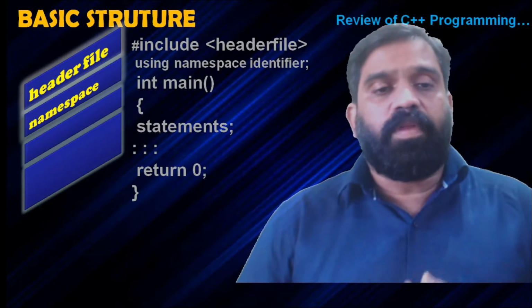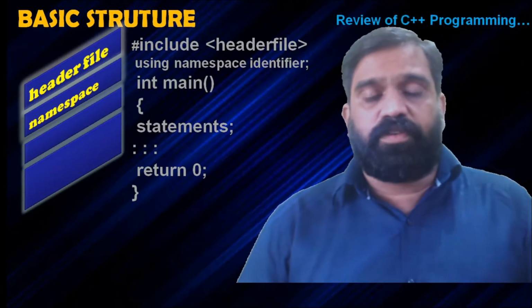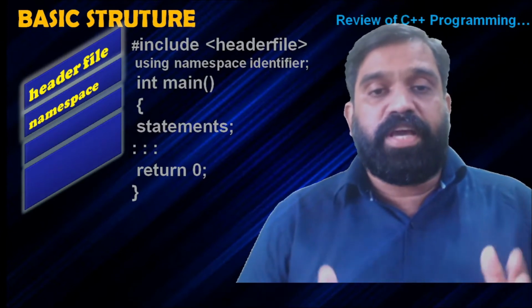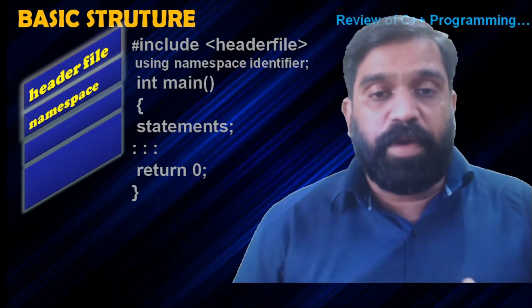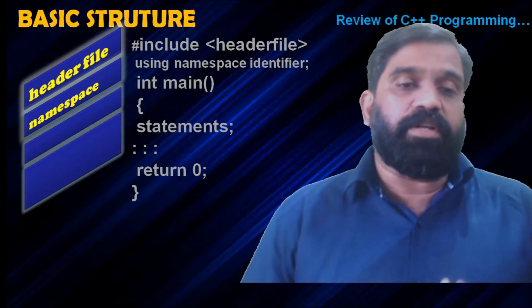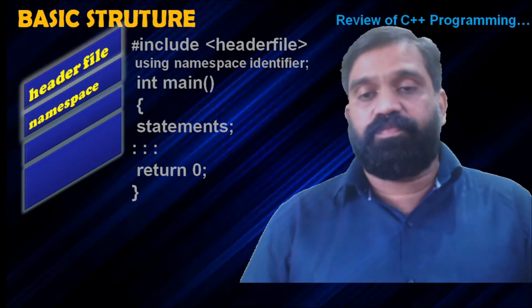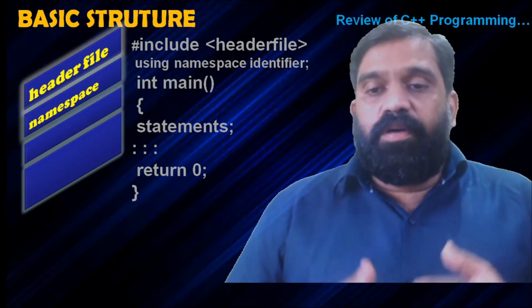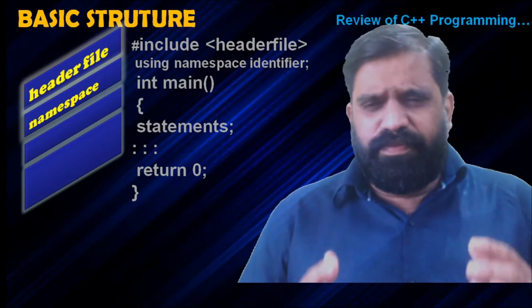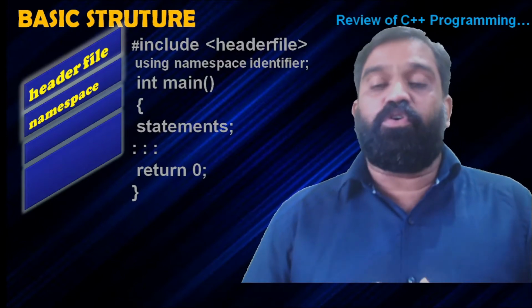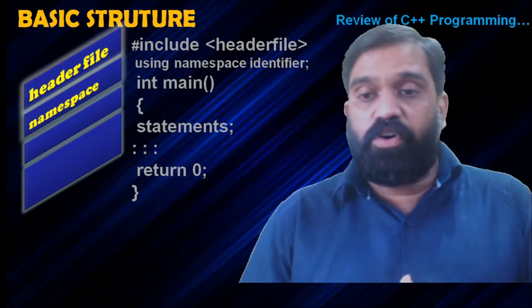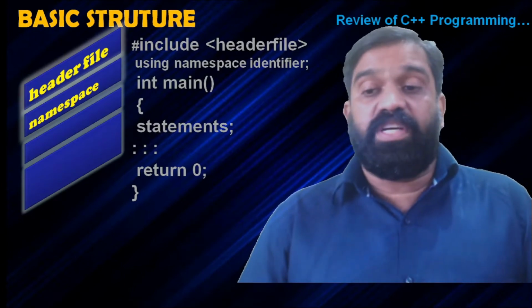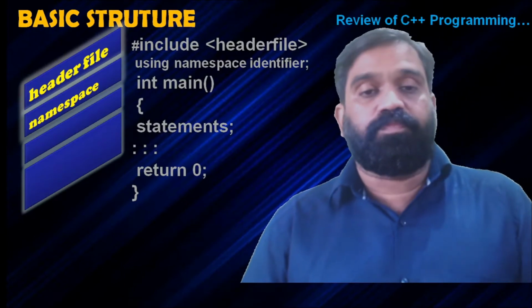Next, about namespace. The second line is nothing but using namespace identifier. What is meant by namespace? A program cannot have the same name for more than one identifier, meaning variables or functions, in the same scope.